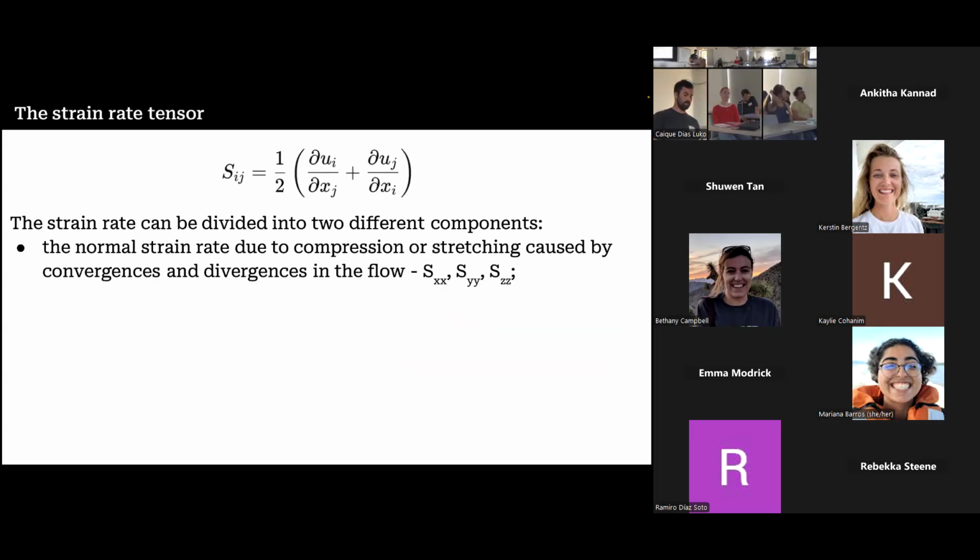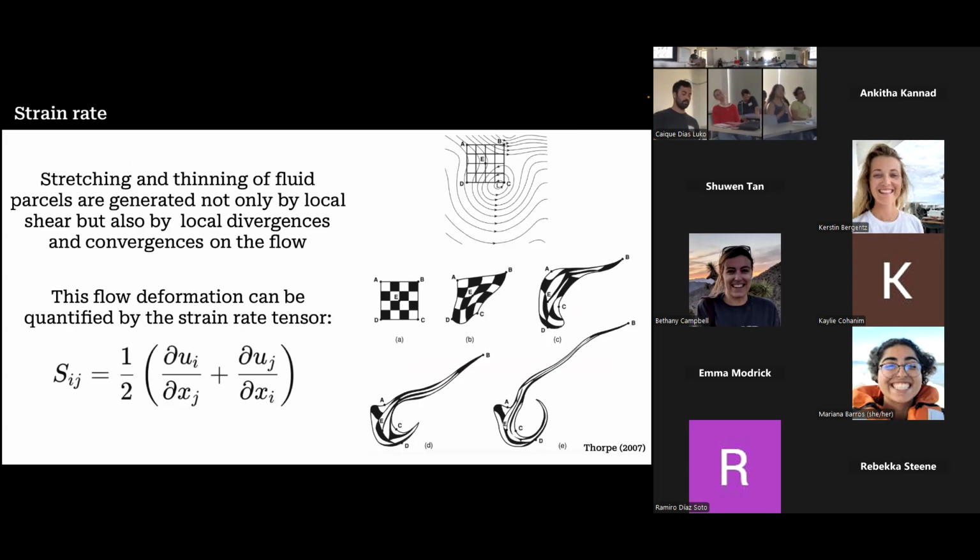So first, the strain rate. The strain rate really just measures how much local divergence, convergence, or shear is happening in the flow. And this is a measurement of how much potential steering you're going to generate.